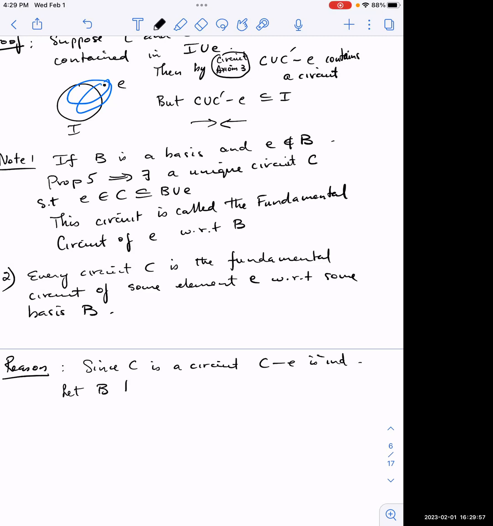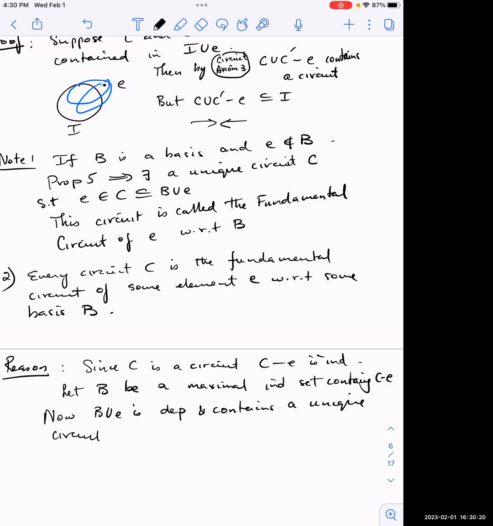Let B be a maximal independent set containing C minus E. Now B union E is dependent and contains a unique circuit by proposition 5.